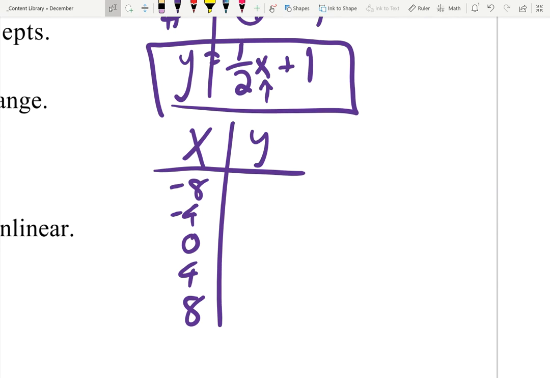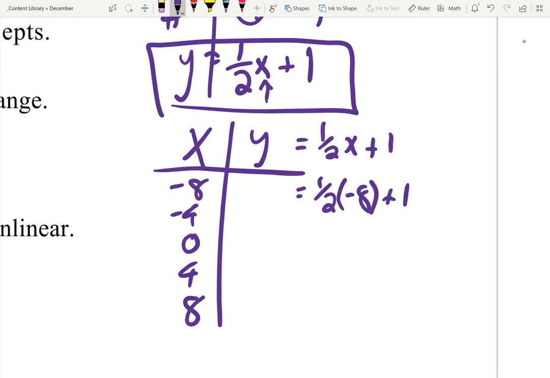So when I do that, remember our equation: 1/2 x plus 1. All right, so let's plug in -8. So we'll have 1/2 times -8 plus 1. And if you want to use 0.5 instead of 1/2, that's fine. Essentially, think of this as half of 8.